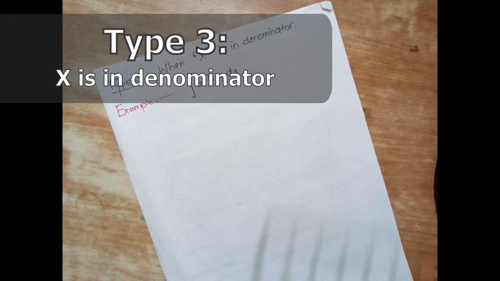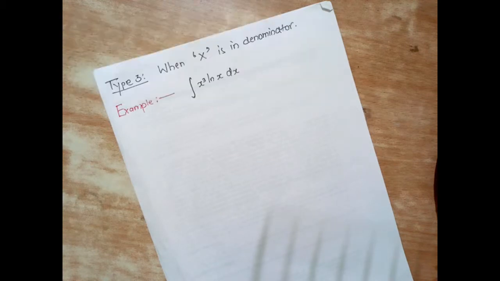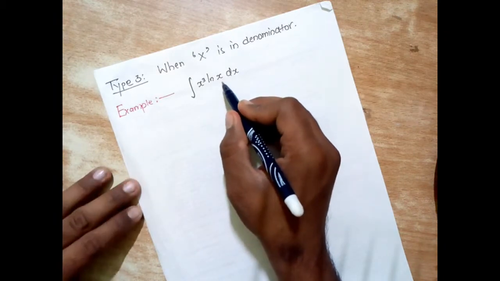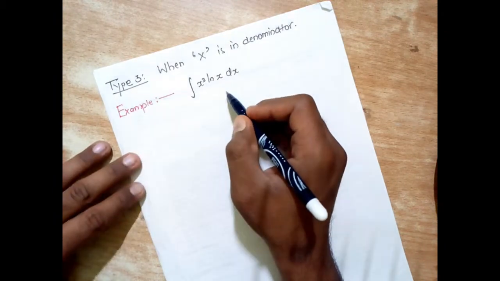So guys, let's start with the type number 3, where x is in the denominator. That means we will stop constructing our DI table as soon as we get an x in the denominator. Let's carry it with an example. So we are having x cubed natural log of x dx as our question.